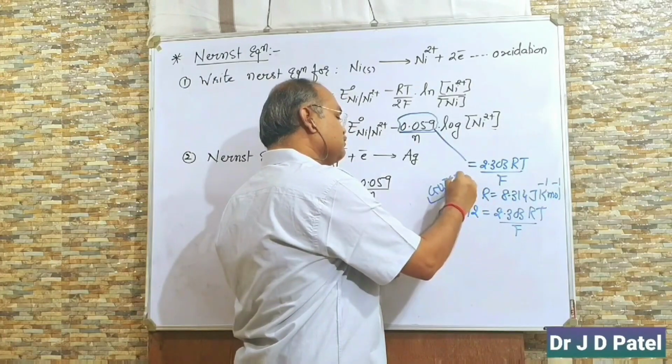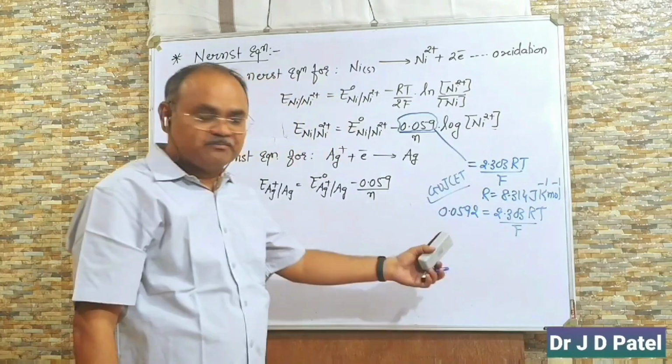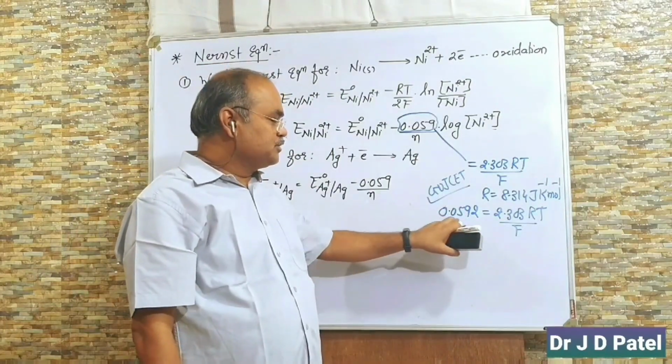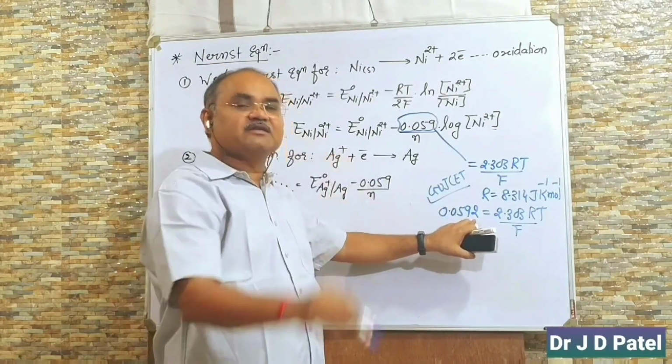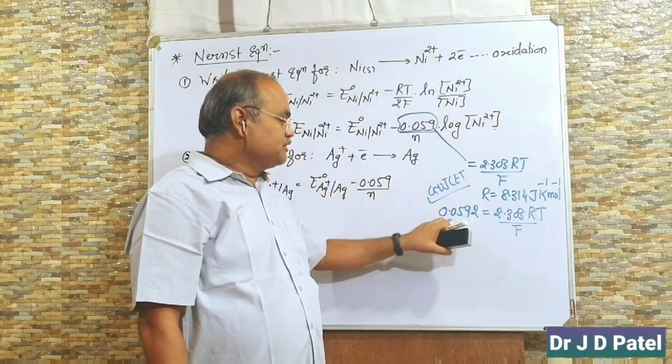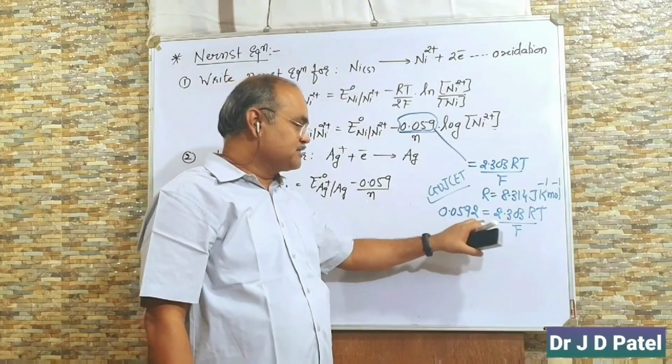Then what does the value of 0.0592 in the Nernst equation indicate? It indicates the value of 2.303 RT by F. Clear?